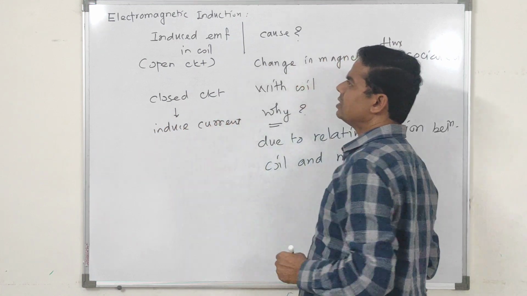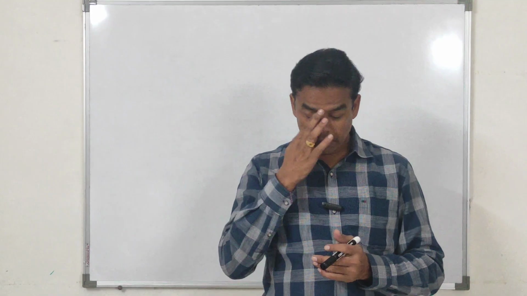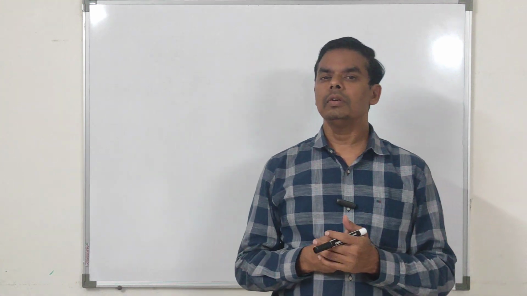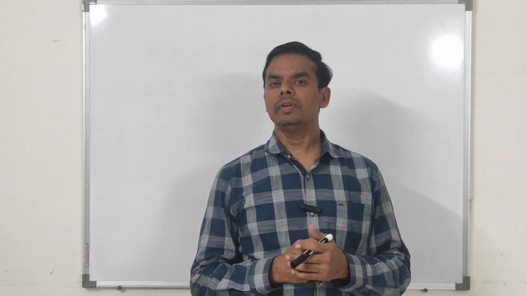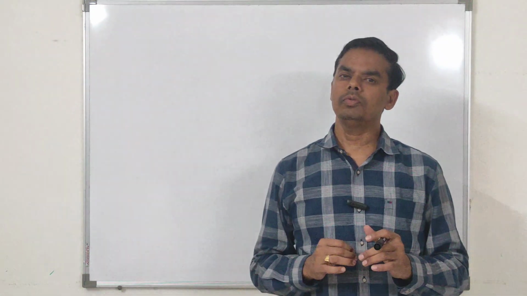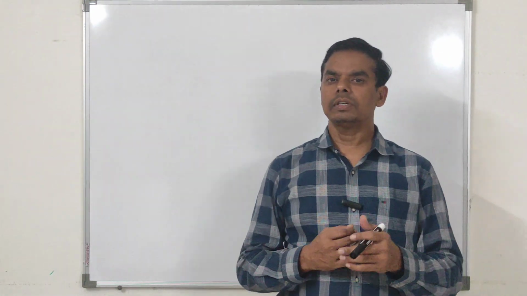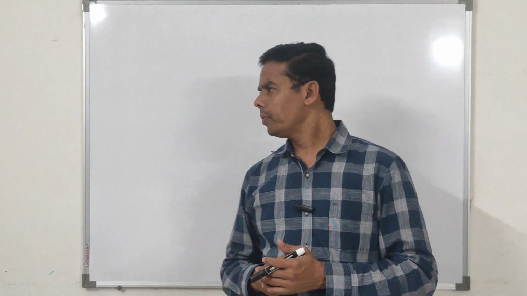This phenomenon is called electromagnetic induction. So my dear friends, electromagnetic induction is the phenomenon of induction of EMF in a coil due to change in magnetic flux associated with the coil due to relative motion between coil and magnet. I am repeating this statement again and again. You can make a note of this in your notebook.